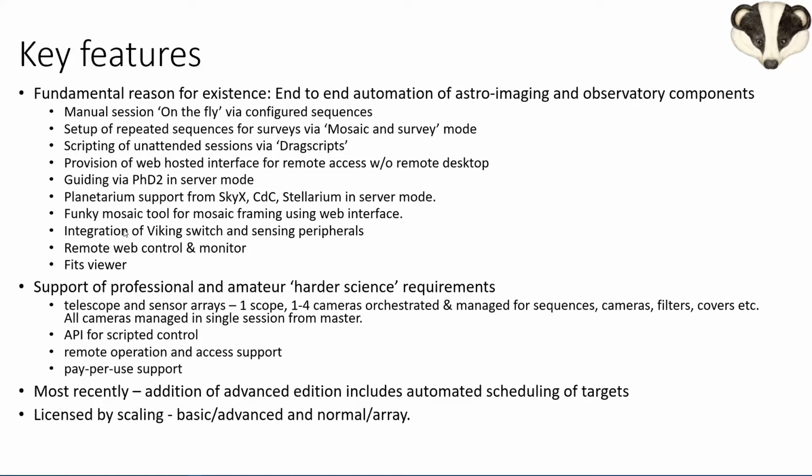So you can do repeated sequences, which you might do in surveys by repeatedly seeing the same galaxies night after night, taking images of each and then doing blink comparisons. Or you can also use the same sort of mode for creating your mosaics.